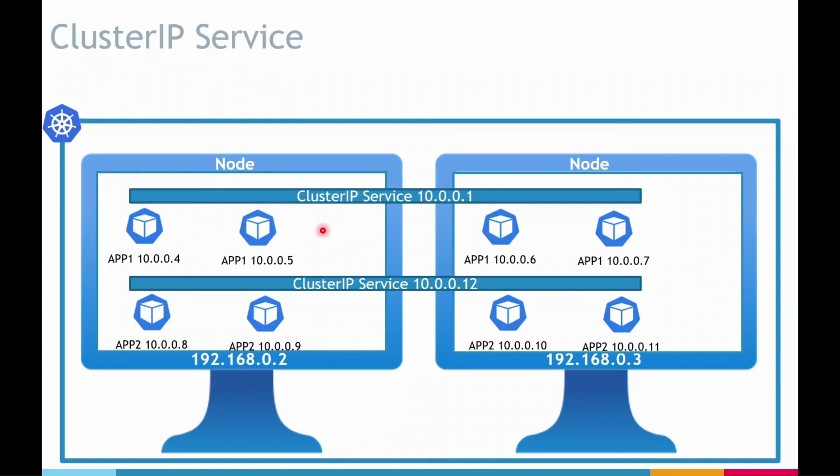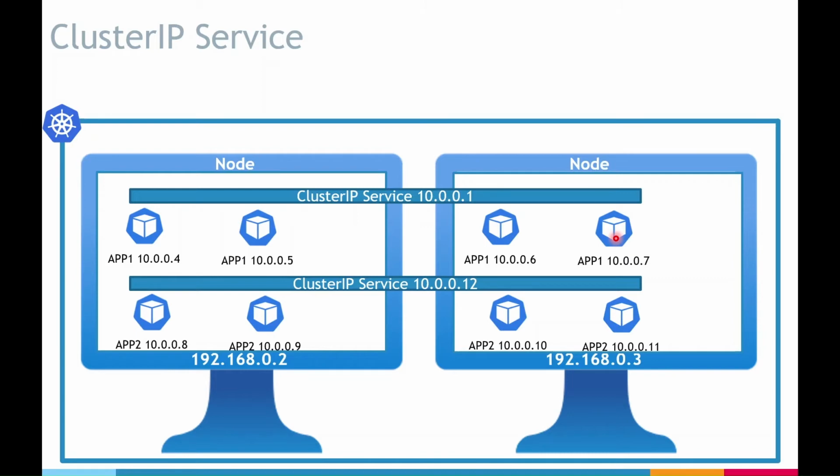Now let's look at a slightly different flavor. So here is app 1. Again, there are four replicas of app 1 which are scaled across multiple nodes. So node 1 has two replicas and node 2 has two replicas. So like I said, each app or each pod has a cluster IP service.